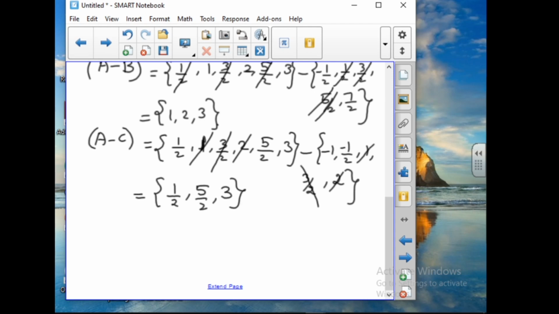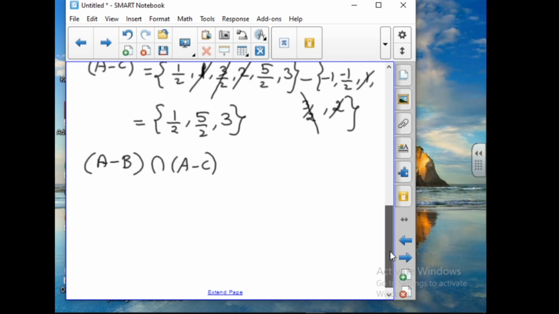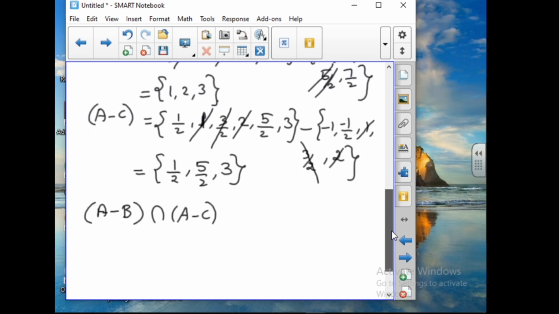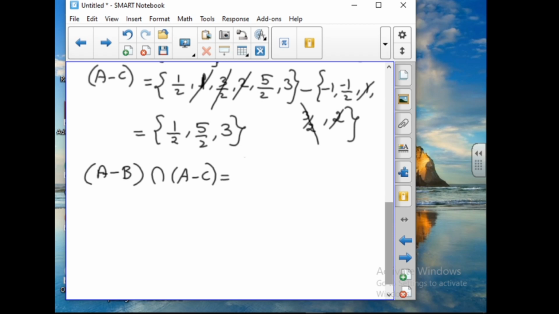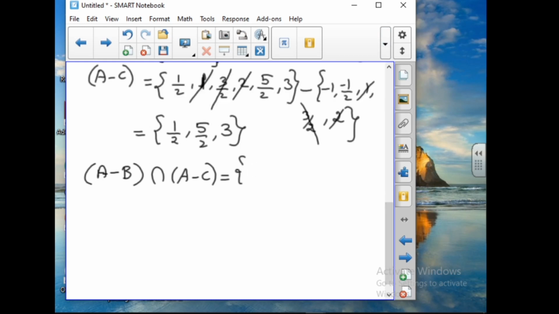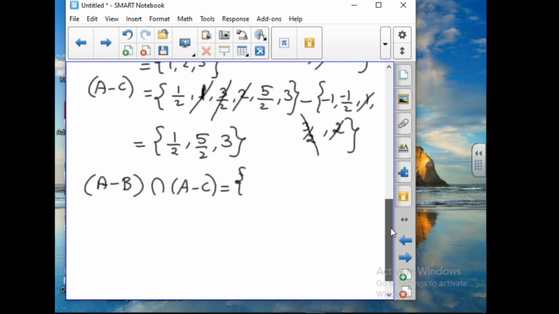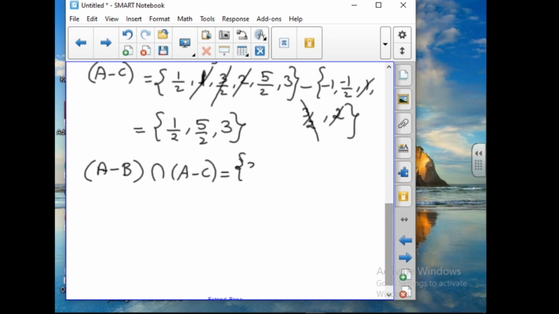Next you have to find (A difference B) intersection (A difference C). So you have to find the common elements of A difference B and A difference C. A difference B is 1, 2, 3 and A difference C is 1 by 2, 5 by 2, 3. So 3 is the only common element.